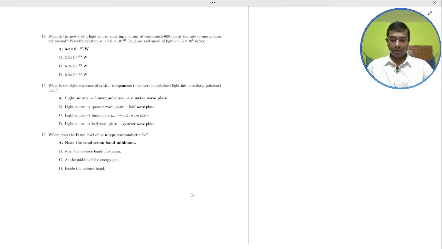So here, simple, lambda equal to 600 nanometer and dn dt, this is what? 1 photon per second.